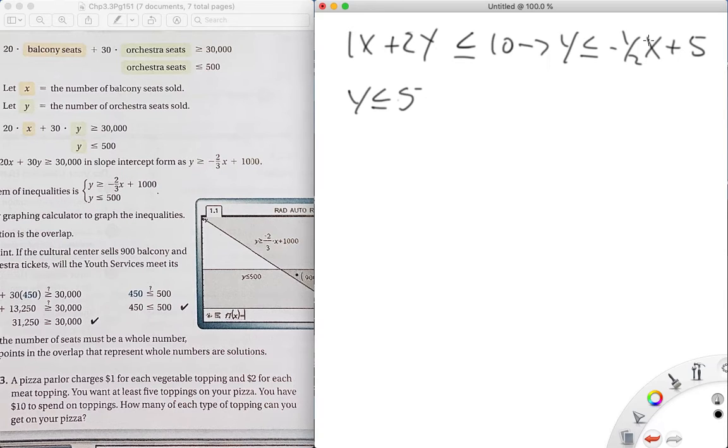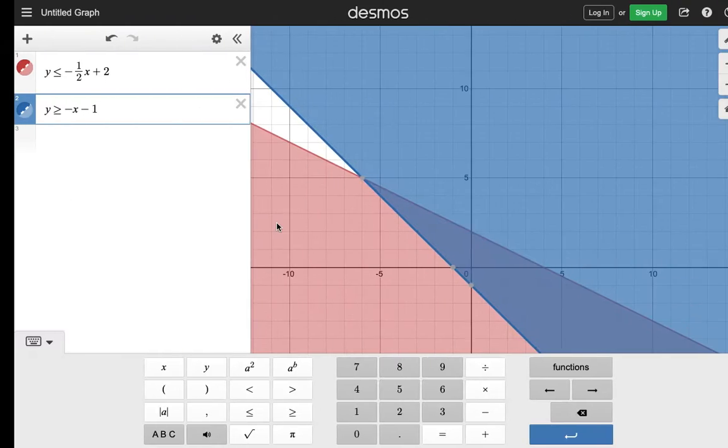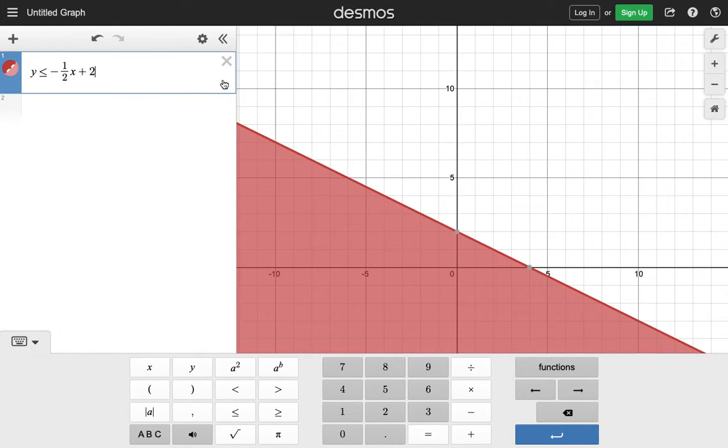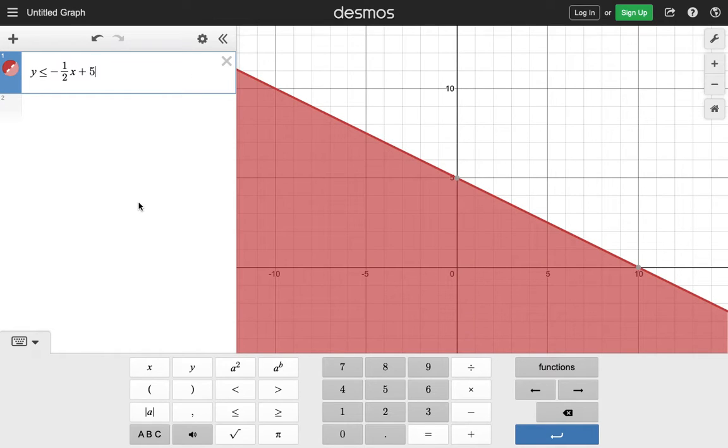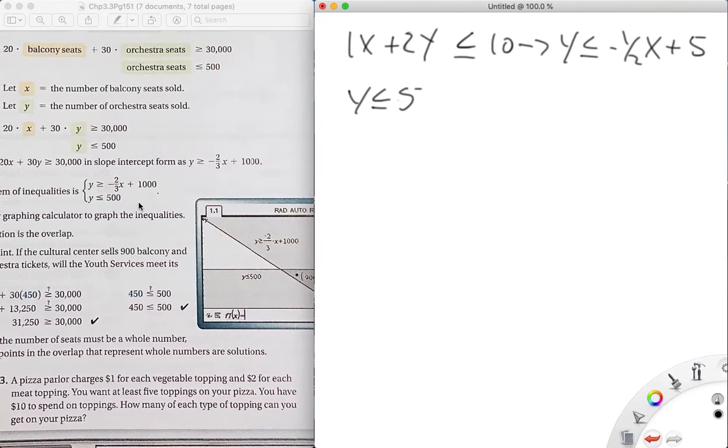And then the intersection is the different combinations of toppings that we can put on our pizza. So if we were to do that, -1/2 x plus 5, how convenient, and then less than 5.